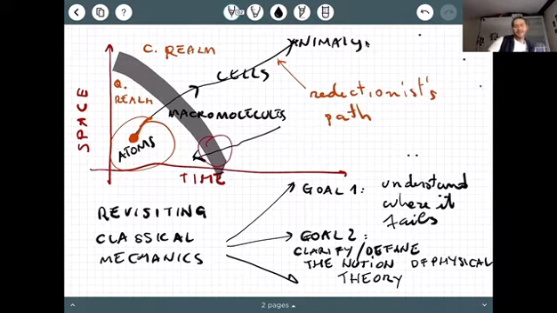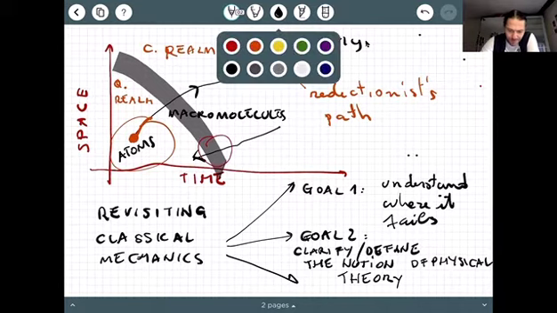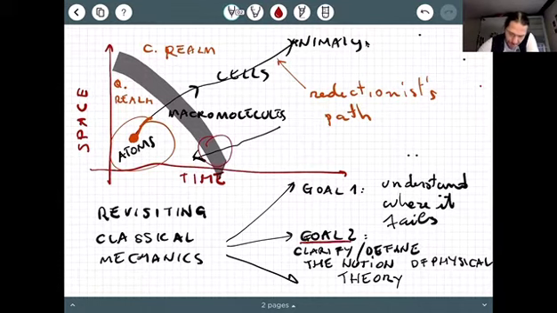Okay, so this is of course less clear than the previous goal. What it means to clarify and define a notion of physical theory. It is a collection of words that I expect to make no sense to you at this level. So all I'm asking you at the moment is to write it there, and maybe at the end of this lecture, I will begin to glance at where I'm aiming when I say we need to define the notion of physical theory.